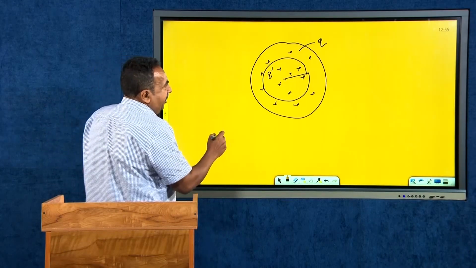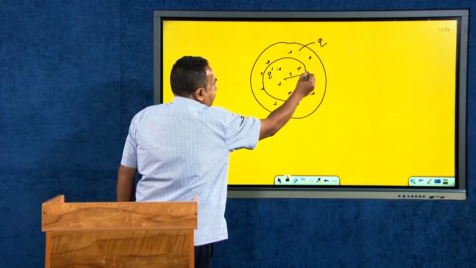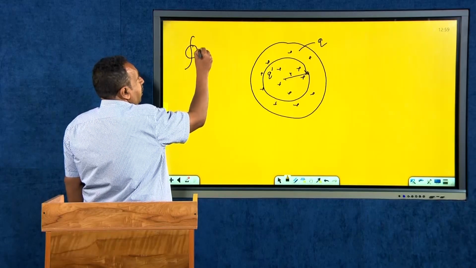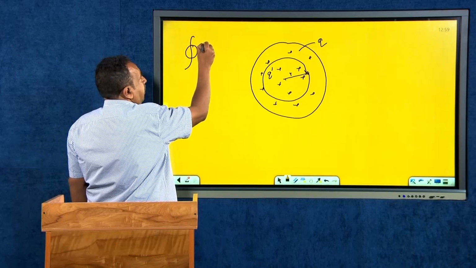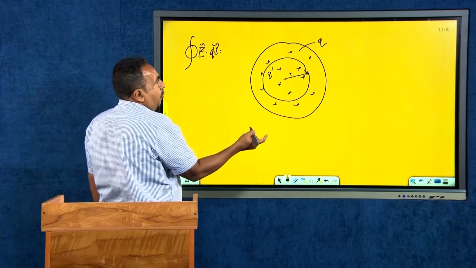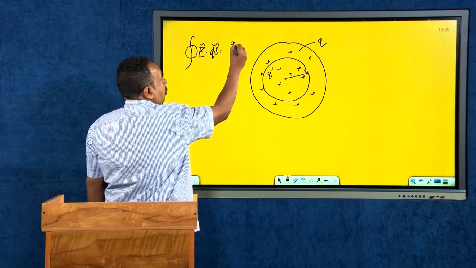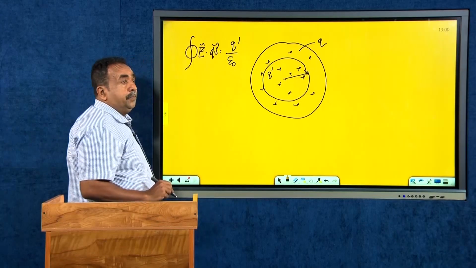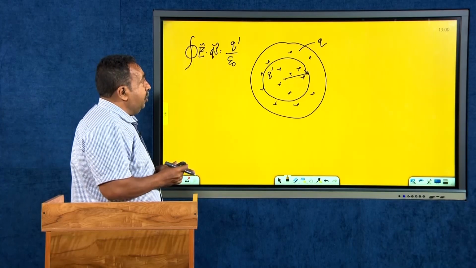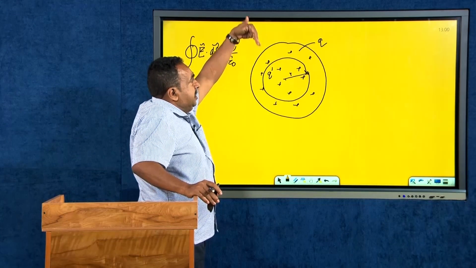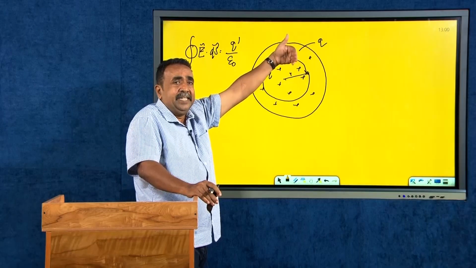Now, my aim is to find the electric field at this point. Therefore, let me apply Gauss's law. Closed integral E dot ds is equal to not Q by epsilon 0, it is q prime by epsilon 0. Q prime I do not know, because somebody can construct a Gaussian surface at 5 centimeter, somebody else at 10 centimeter.